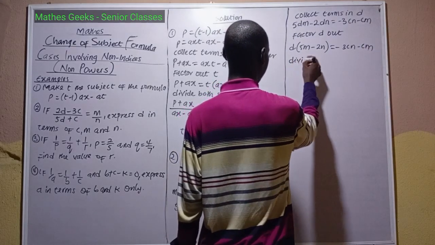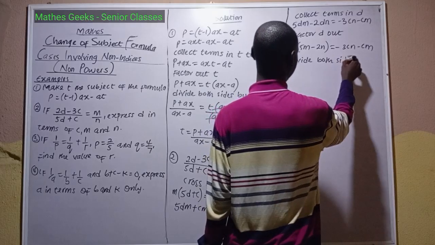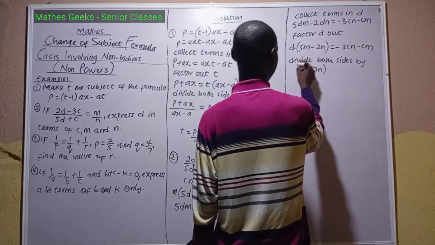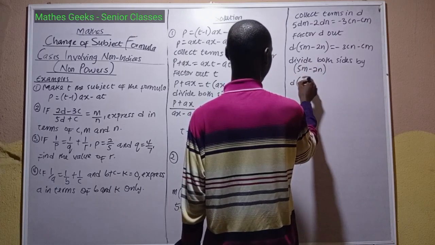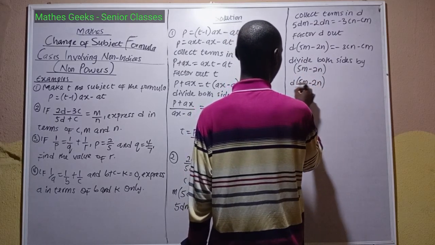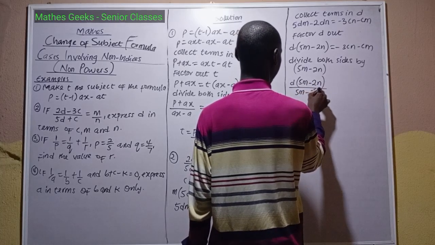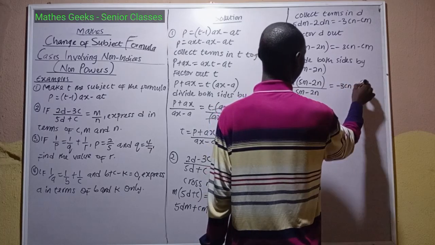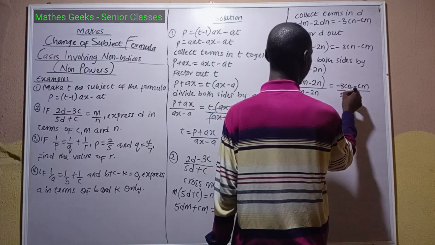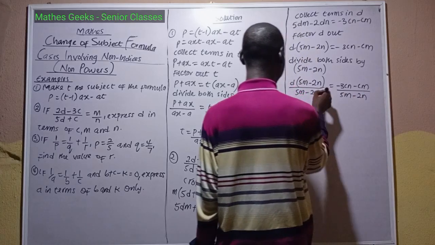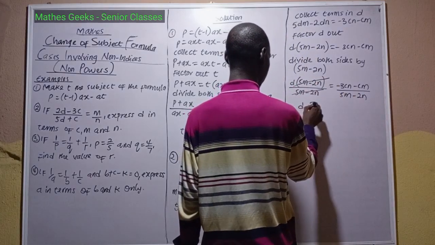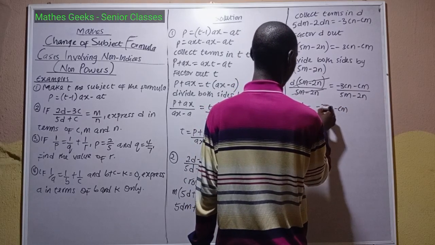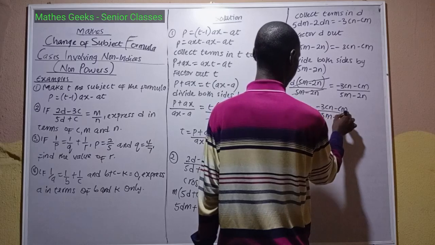Divide both sides by 5N minus 2M. So D(5N minus 2M) over (5N minus 2M) equals (minus 2CM minus CN) over (5N minus 2M). So D equals minus 2CM minus CN over 5N minus 2M.